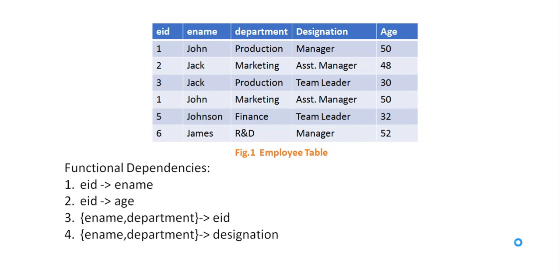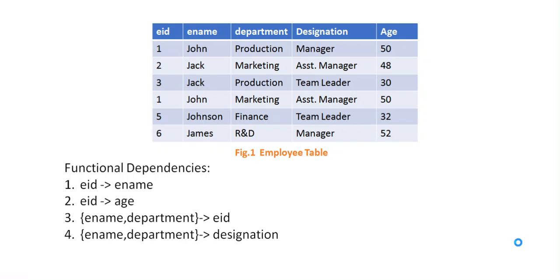Here I have repeated employee ID 1 twice, and the name for that employee ID is John itself. It means that for the repeated value of employee ID, the value of e-name is the same. That's why we can say that employee ID is determining employee name. Similarly, employee ID is determining age. This functional dependency is also valid.